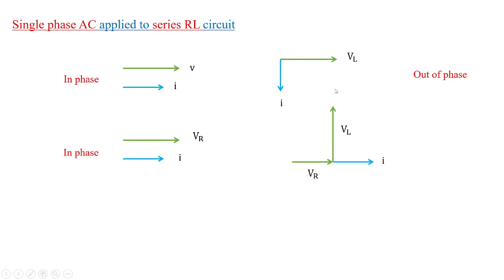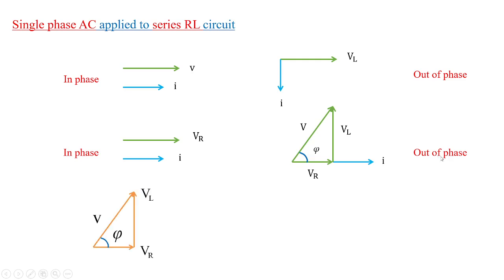So I have to take the component of VL perpendicular to this straight component, that is the X component, and the combination of VR and VL will result in V. Hence, the angle between the voltage and current is phi, and this is a notation for out of phase.